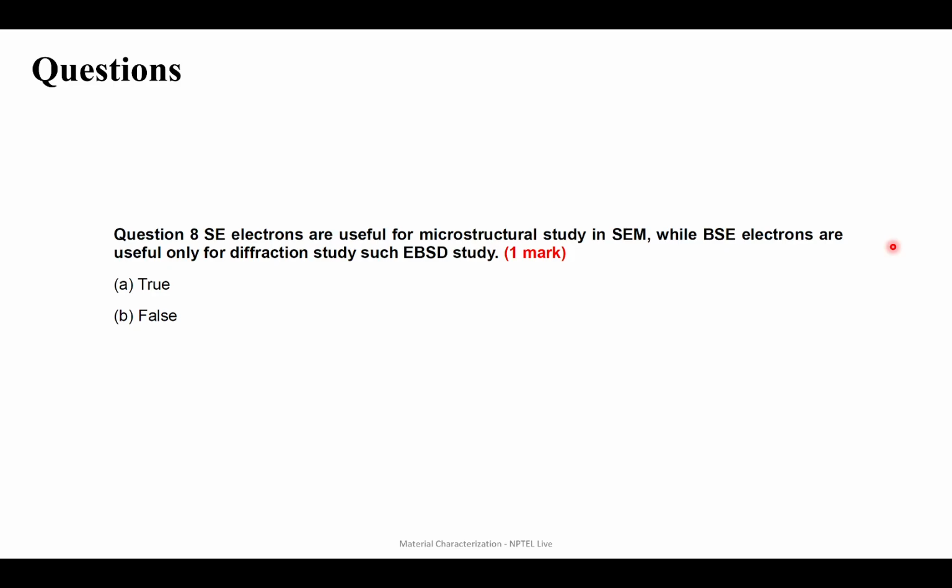Secondary electrons are useful for microstructure study in SEM, while backscattered electrons are useful only for diffraction study such as EBSD study. True, false.